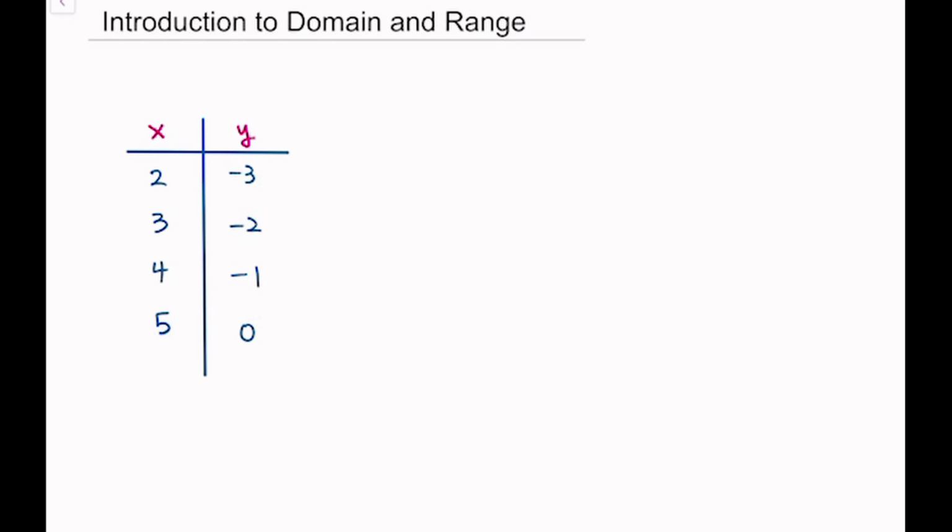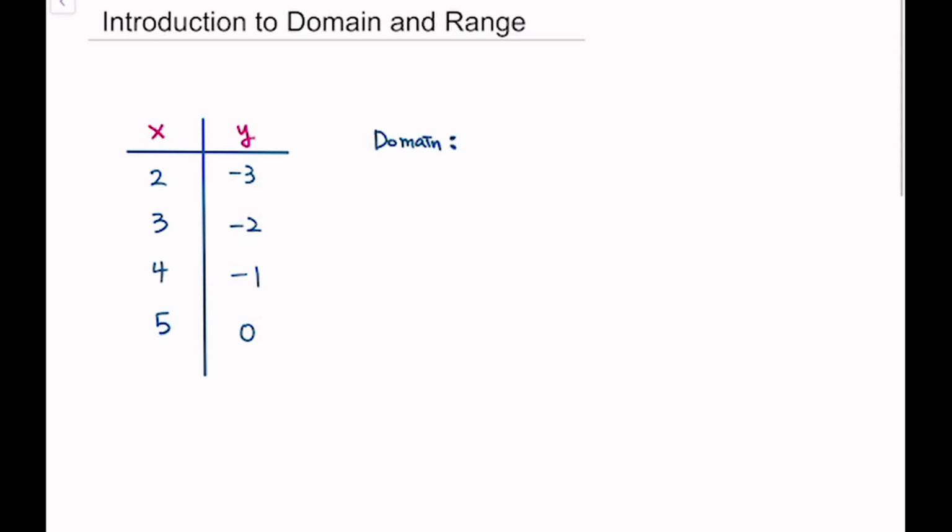Say we have a relation given in a table that has x values of 2, 3, 4, and 5, and y values are -3, -2, -1, and 0. In this case, we can write down the domain and range explicitly in a list form inside the curly parentheses.